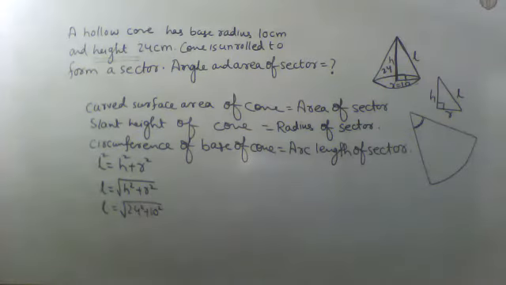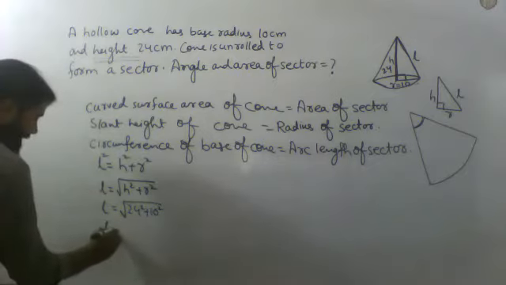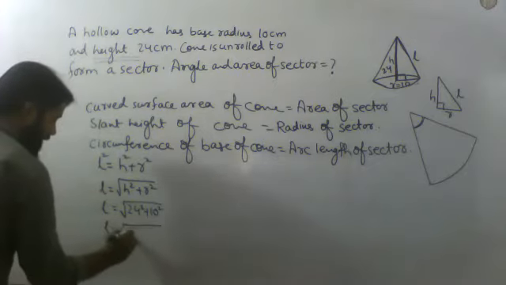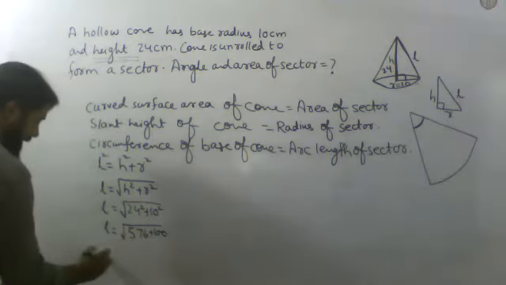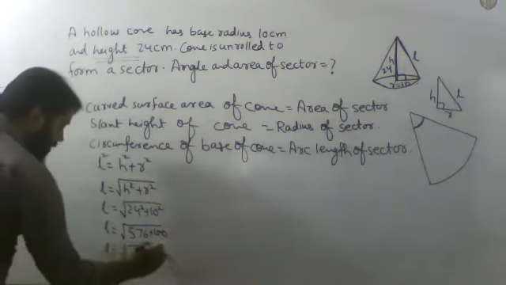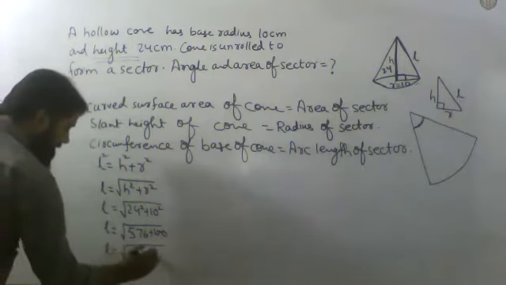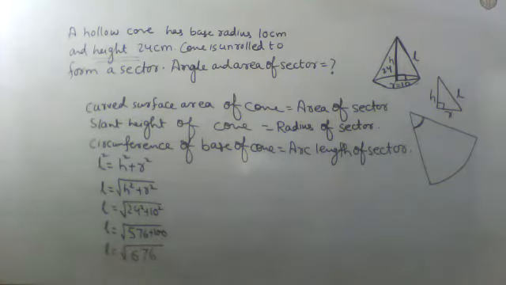Okay. So now when I will simplify it, L equals to under root 576 plus 10 square will be 100. L equals to under root 676.